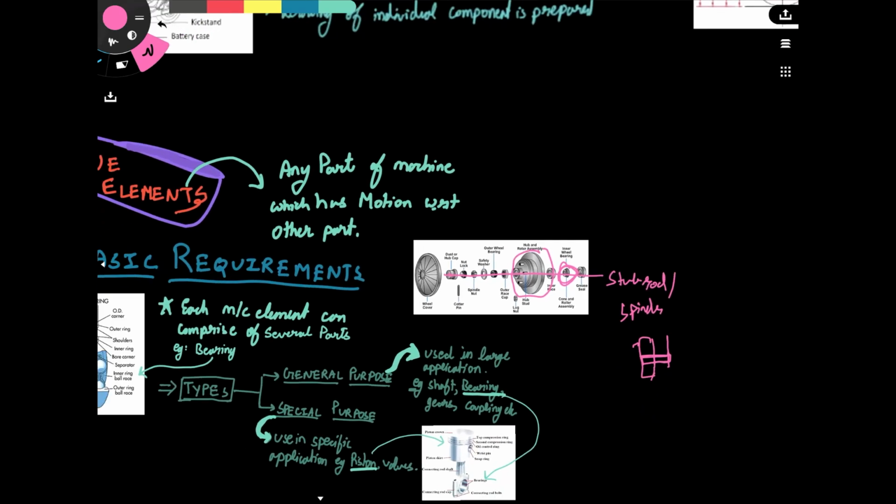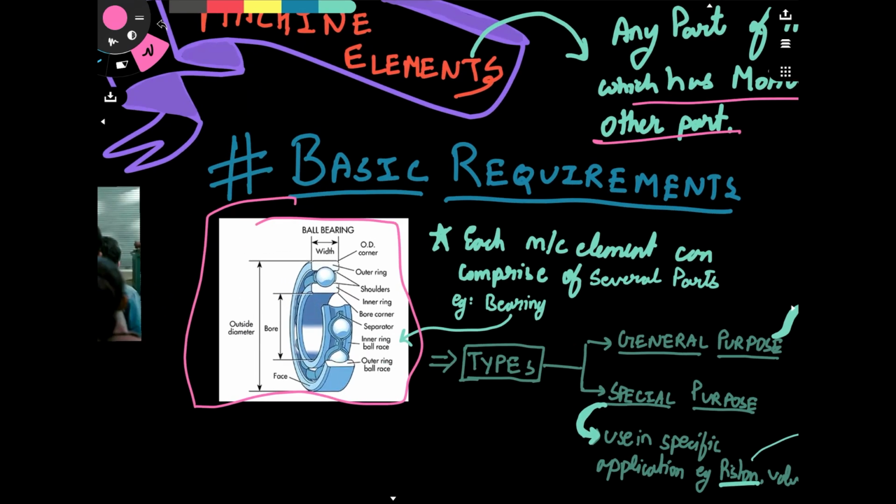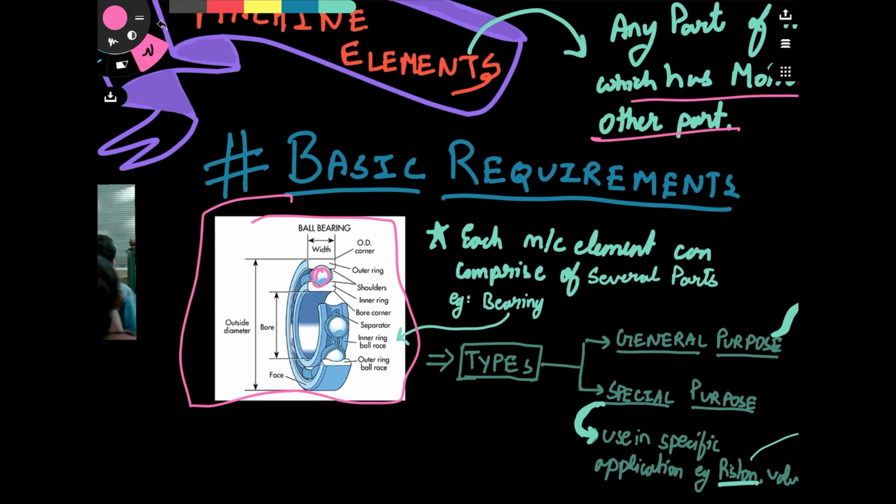Let's discuss the machine elements in detail. We know by definition that machine elements are just parts of a machine which have relative motion with respect to other parts. Here we took the example of a bearing. We can also see that a bearing has different components in itself. Balls are there, inner race is there, outer race is there, shoulders are there, a separator is there, and all those things.